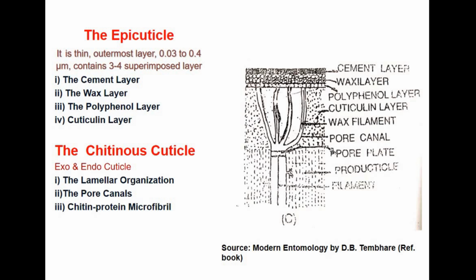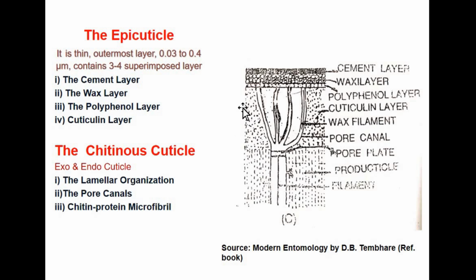Now the epicuticle is followed by the chitinous cuticle, that is nothing but the exo and endocuticle, which consist of the lamellar organization, the pore canals, and the chitin protein microfibril.